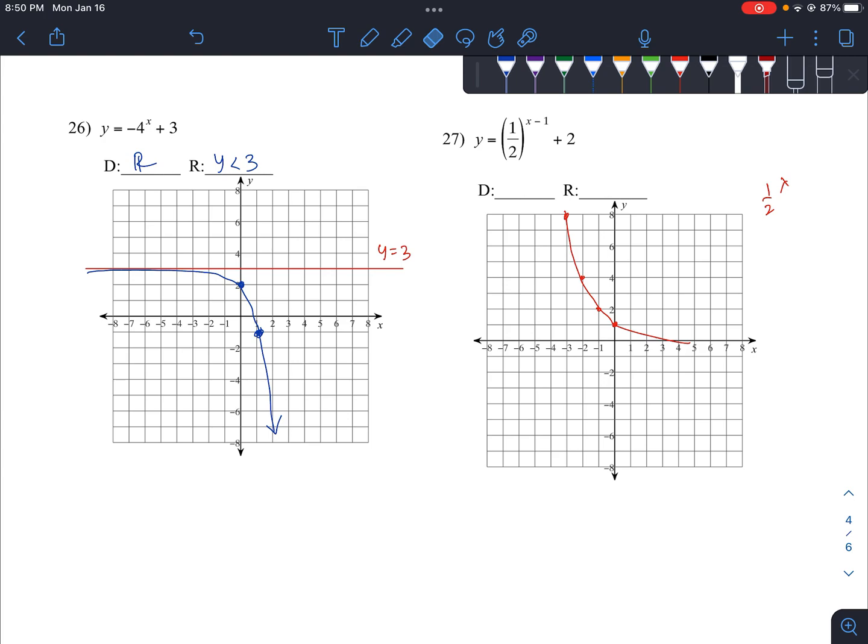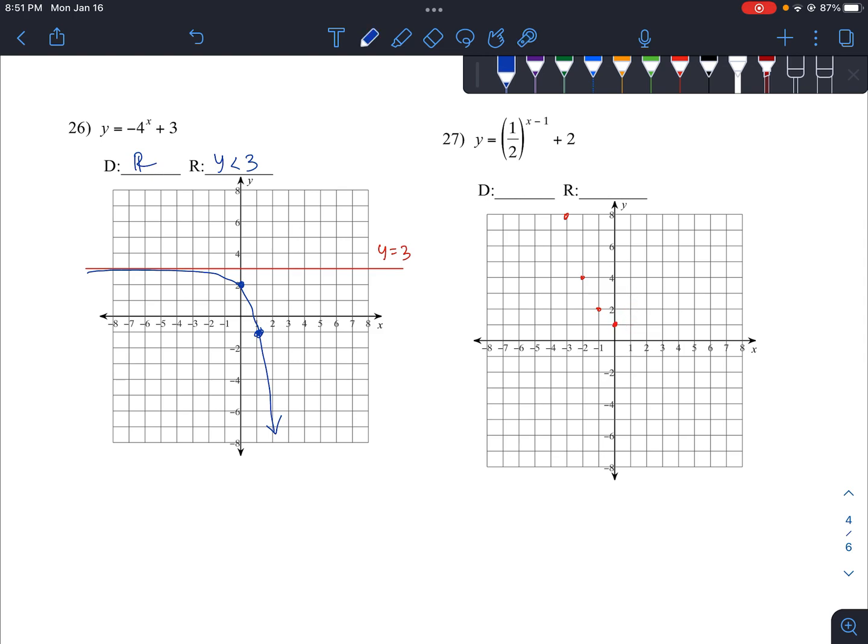Okay, so let's talk about the transformations now. So the transformations we have are right 1 and up 2. So all these points right here are going to be moved to the right 1 and up 2.